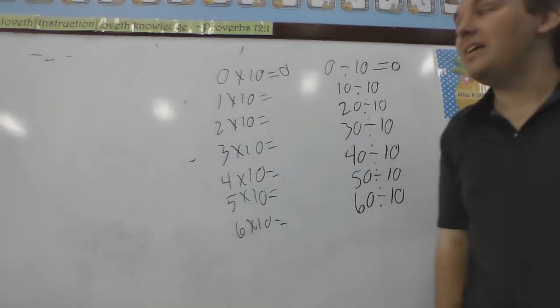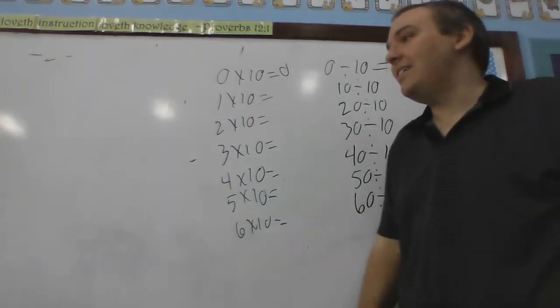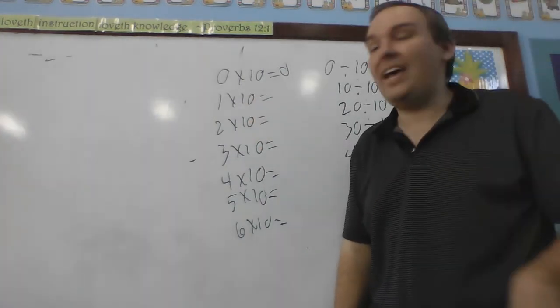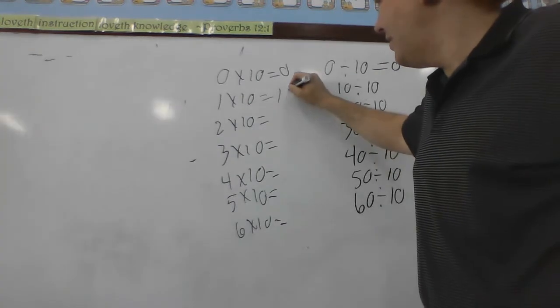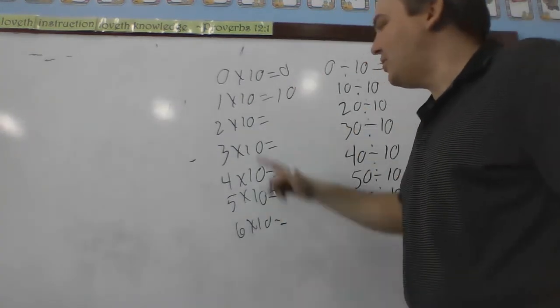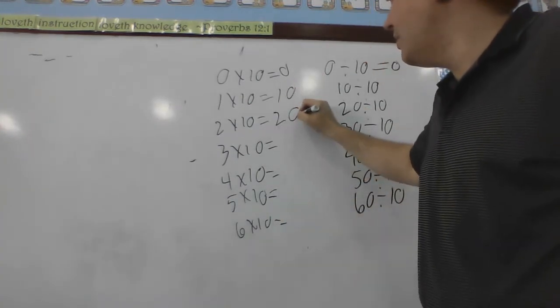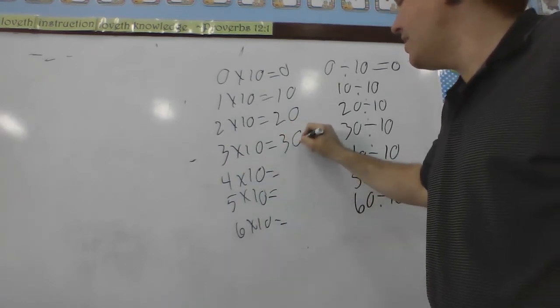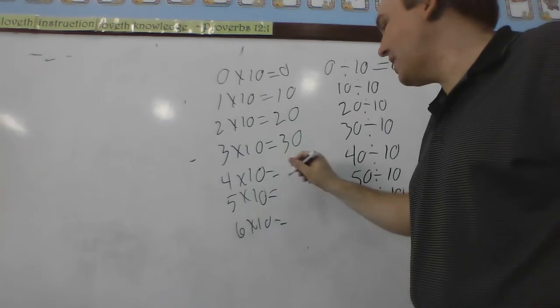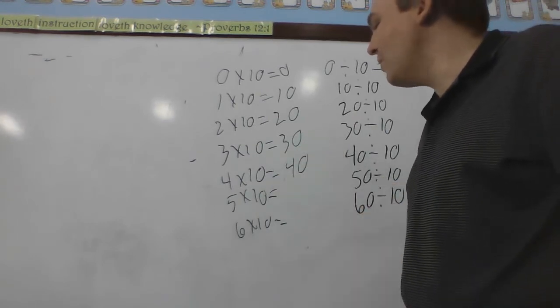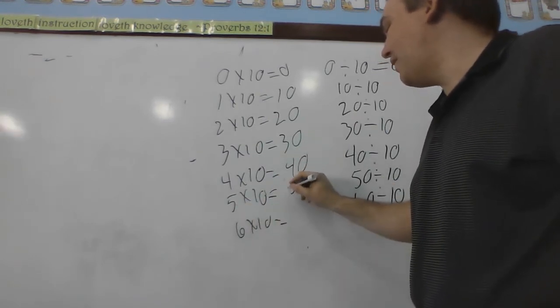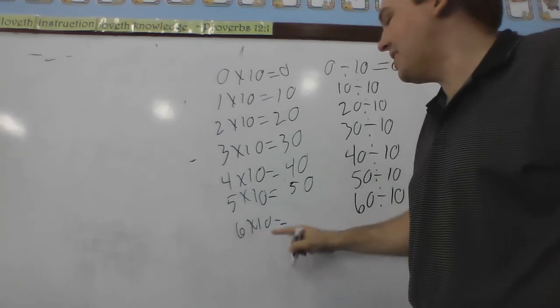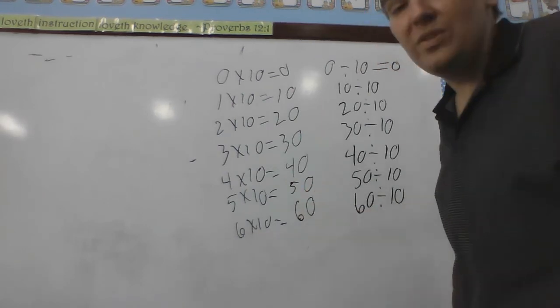Okay, so that's easy. Then we have 1 times 10. How many 10s do I have? 1 10. So 1 with a 0. 2 times 10 is 2 with a 0, 20. 3 times 10 is 3 with a 0. 4 times 10 is 4 with a 0. 5 times 10 is 5 with a 0. 6 times 10 is 6 with a 0.